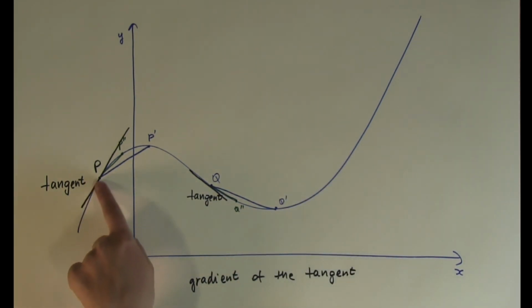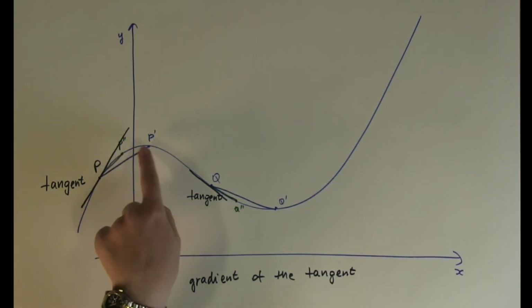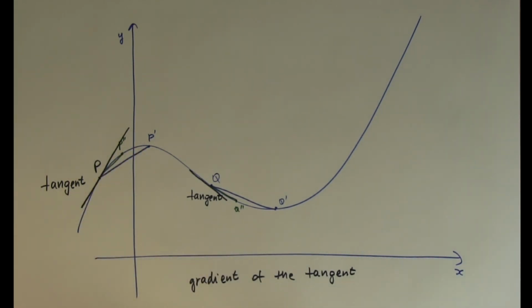Going through every single point and calculating the gradient of the tangent at every single point can be quite daunting. Therefore, mathematicians over the years developed a technique called differentiation. And for differentiation, you just need to remember a few simple rules and you will be able to find the rate of change, or the change function, the derivative function, for any possible function.